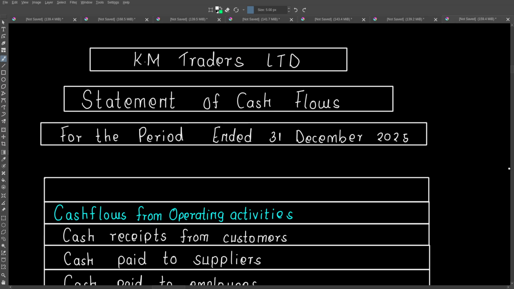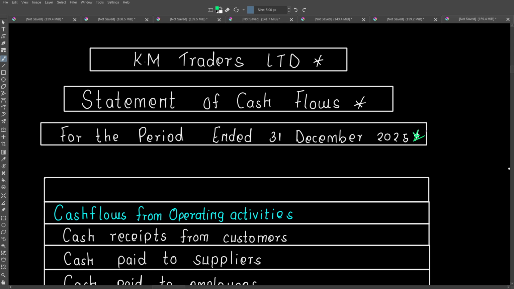So first, let us look at the structure of this statement. As usual, you need to write the name of the company, and which statement this is, which is the statement of cash flows. Don't forget, for this statement we are looking at a certain period of time.